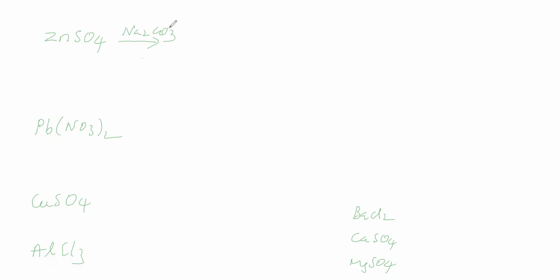Zinc takes carbonate and becomes zinc carbonate. Sodium takes sulfate and becomes sodium sulfate. This zinc carbonate on the reducing flame undergoes decomposition to give zinc oxide, and carbon dioxide is liberated.